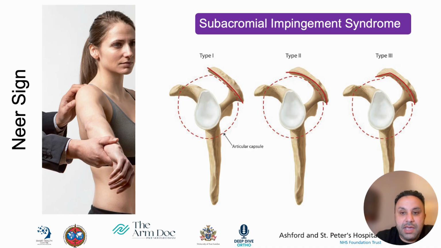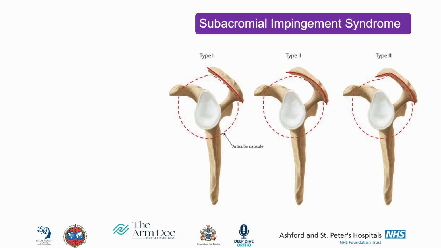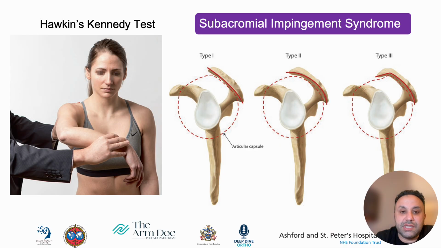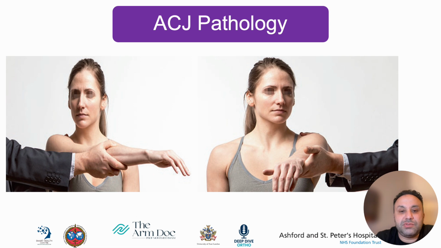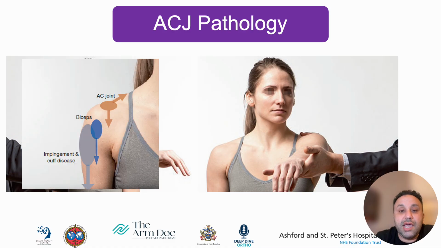So this is the Neer sign and the Neer impingement test, and the Hawkins-Kennedy test for assessing subacromial impingement. Then cross-chest adduction will give you information about the acromioclavicular joint, and the patient should be pointing to pain on the acromioclavicular joint.